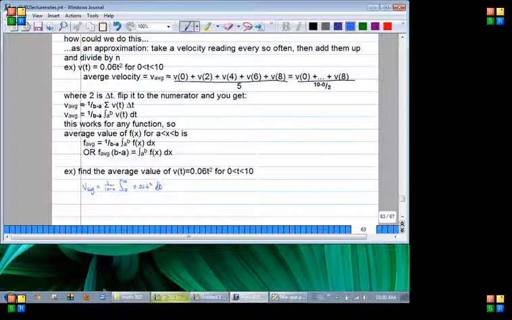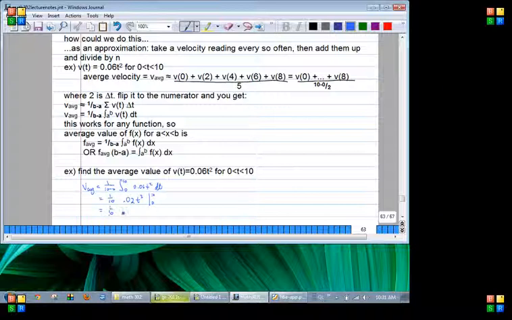And this integral is just really straightforward now. So it's 1 over 10. The integral of that is 0.06 t cubed over 3, which is just 0.02 t cubed. And then we just evaluate it from 0 to 10.